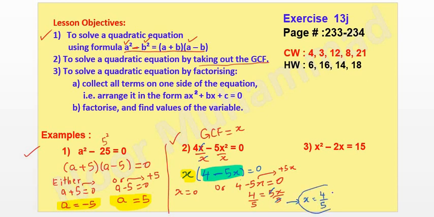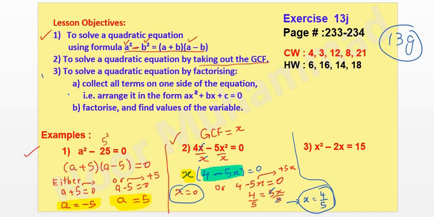So this is one answer, and the other answer is here, this one. So we got two possible values of x. If you remember, I told you in my first video of exercise 13G that there will be two answers for each quadratic equation.